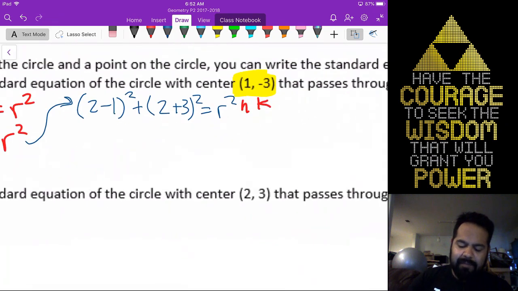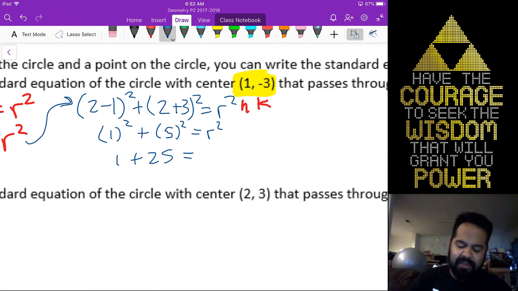Now we have some nice numbers. Here we go. You get 1 squared plus 5 squared equals r squared. So 1 plus 25 equals r squared. 26 is what r squared equals.